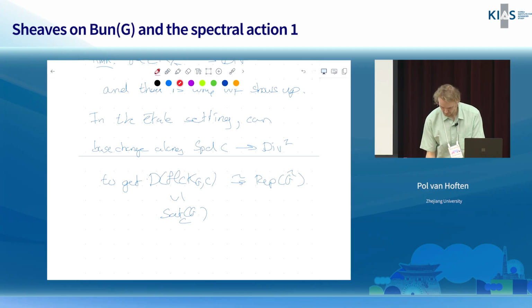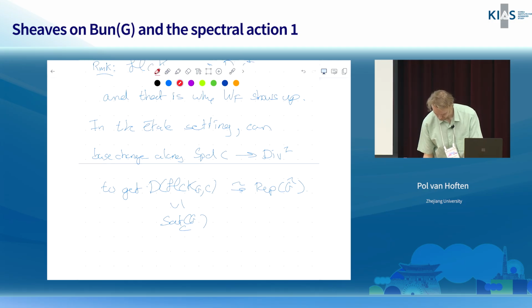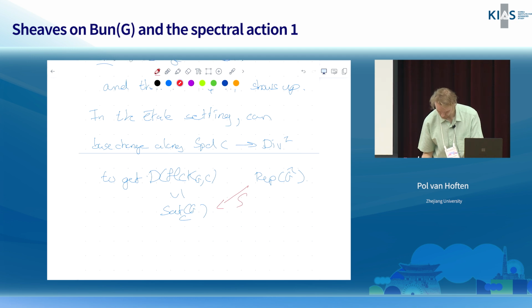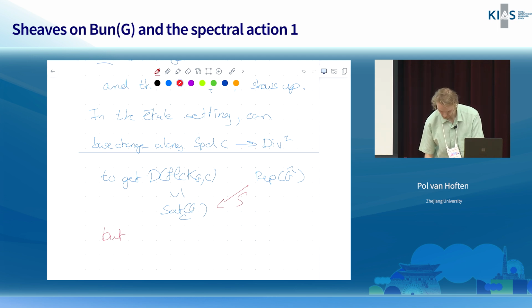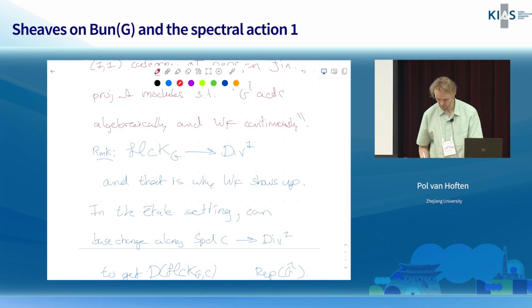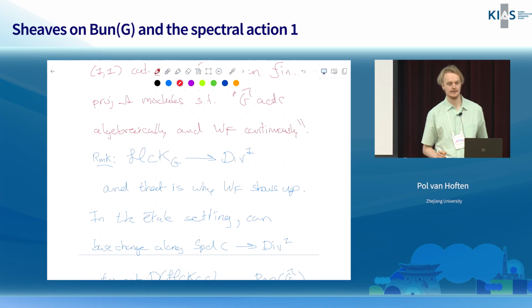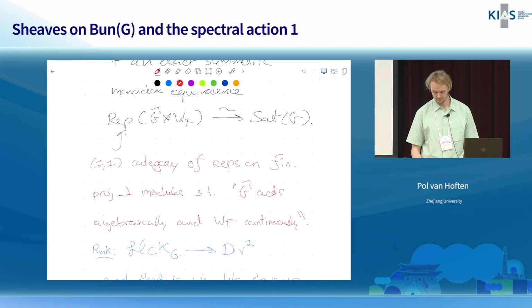Sorry to be annoying, but maybe that arrow isomorphism. Sorry? Slanted, no. Rep G hat should be mapping slantedly downwards. Yes, yeah, sorry. Thanks. Can I also ask a quick question? I may be missing something, but when G is trivial, you shouldn't see anything interesting, but then you still have reps of W_F.